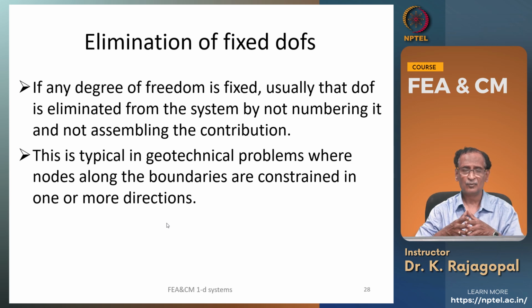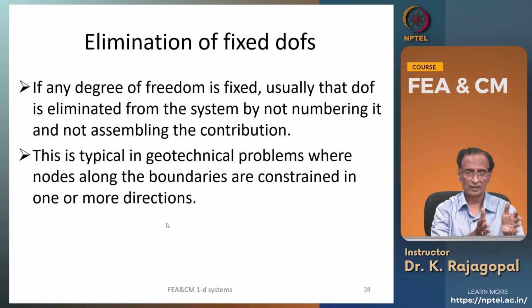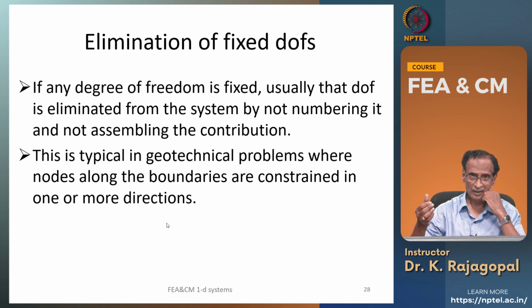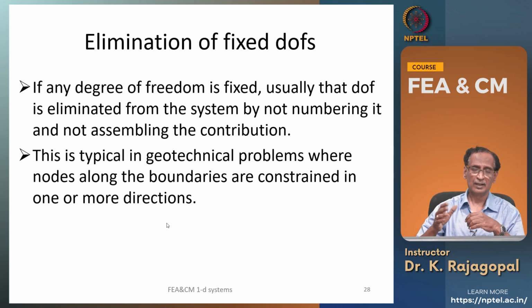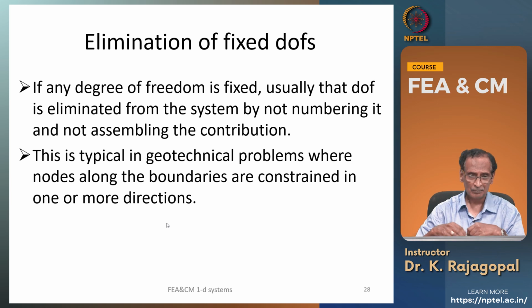So, now by doing one of these methods, we can enforce the constraint, or the other method is, if any fixed degrees of freedom are there, we can directly eliminate them right from the beginning, and we do not number that particular degree of freedom or assign any stiffness coefficient. Okay.